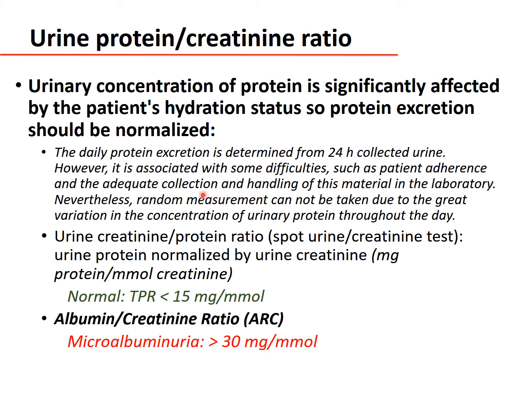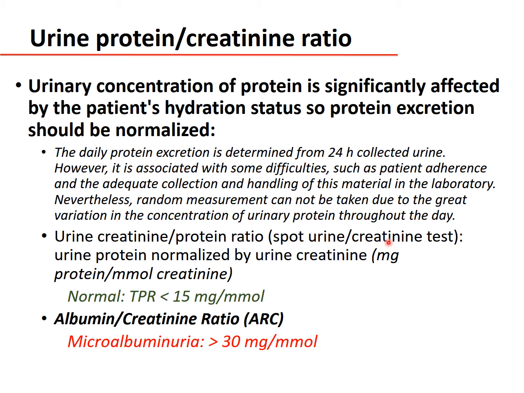It's very difficult, for example, in children to collect or measure the normal urine volume. Nevertheless, a random measurement cannot be taken due to the great variation of the concentration of the urinary protein throughout the day. This is why they normalize the urine protein concentration to the creatinine.